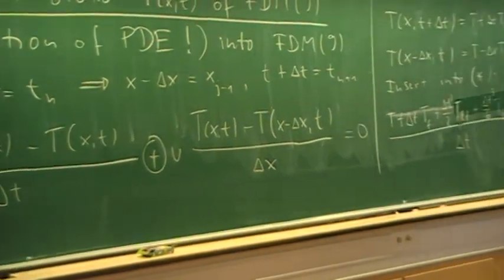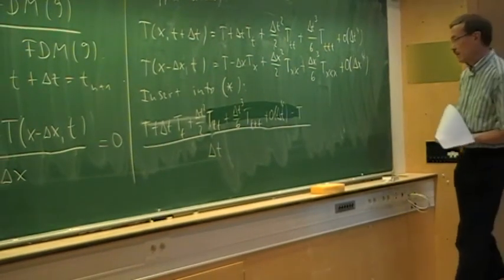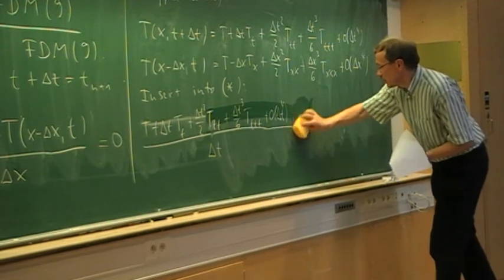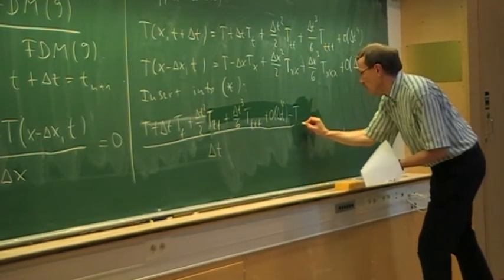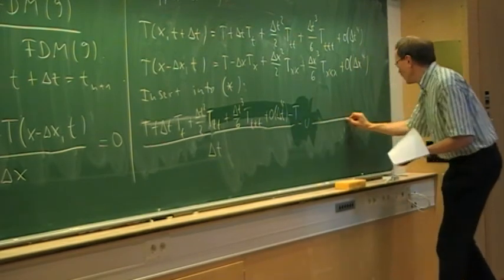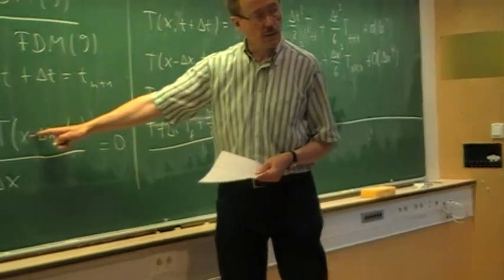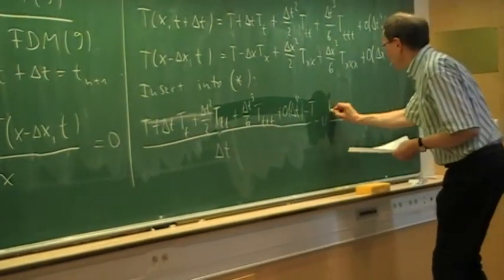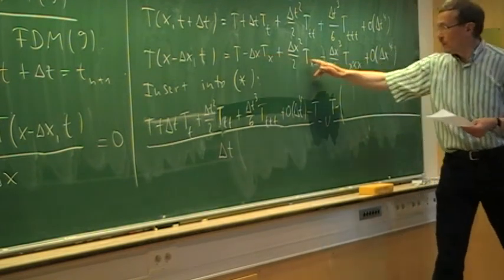So now we get a problem here with space. Let's try it anyway. Squeeze it a little bit here. Minus u. And now we have here t minus that. T minus, and then we put in what we have here, all this stuff.